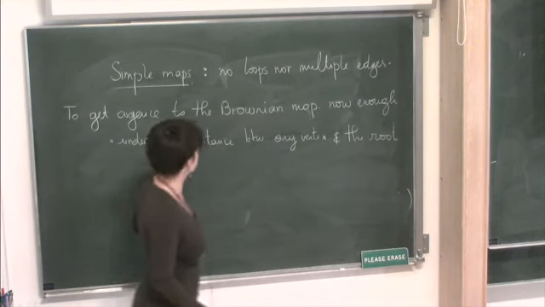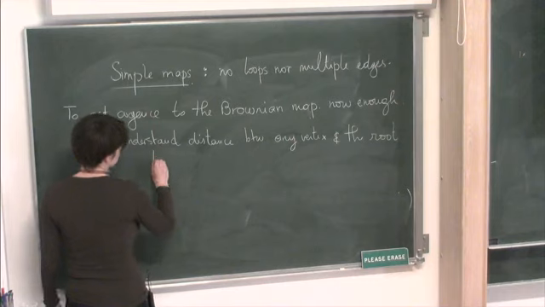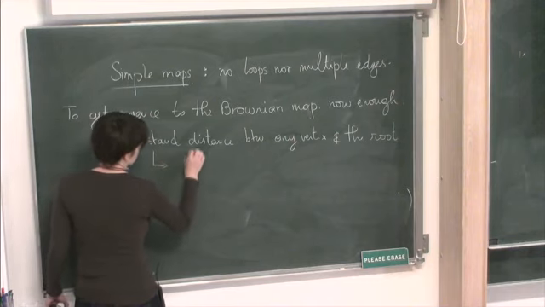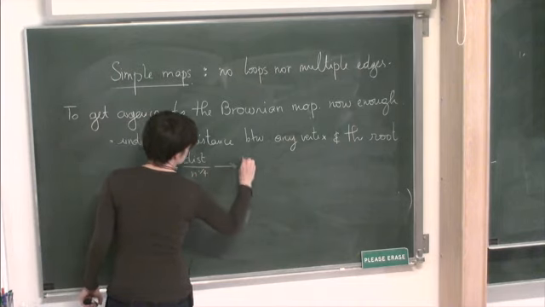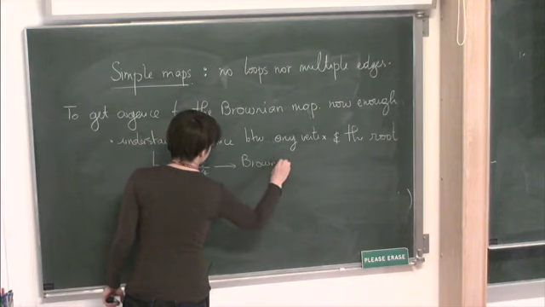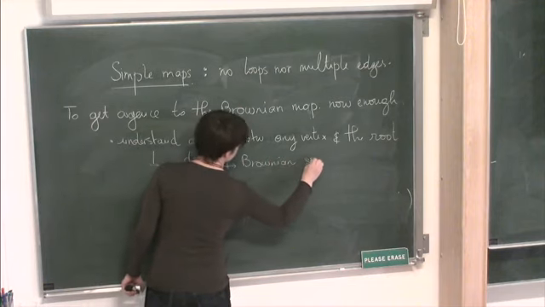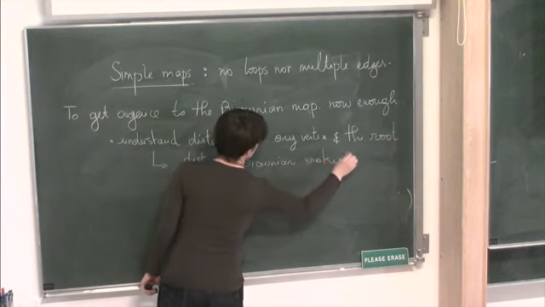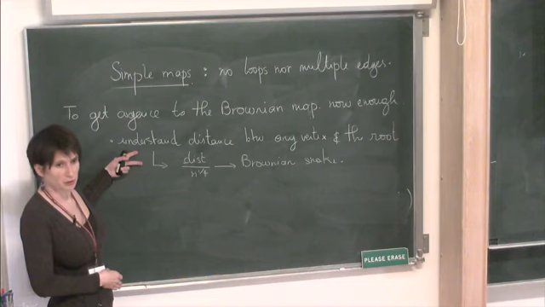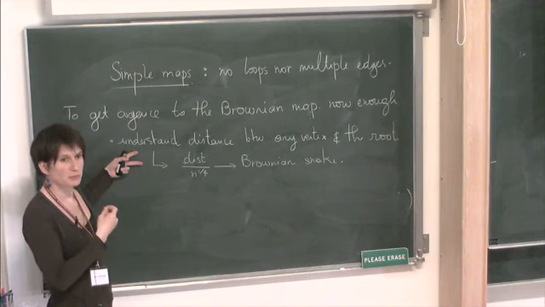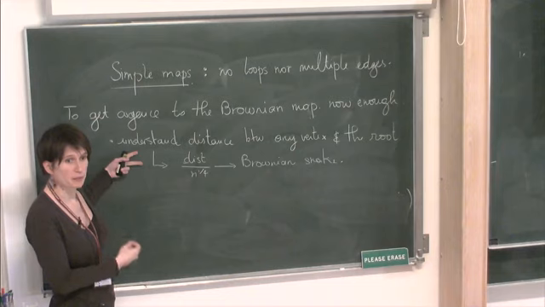And more precisely, we need to prove that this distance divided by n to the 1/4 converges to the Brownian snake that Grégory introduced in his talk. So that, for quadrangulation, was the result by Chassin and Schaeffer. Okay, so it's far from being enough to prove the convergence to the Brownian map itself.